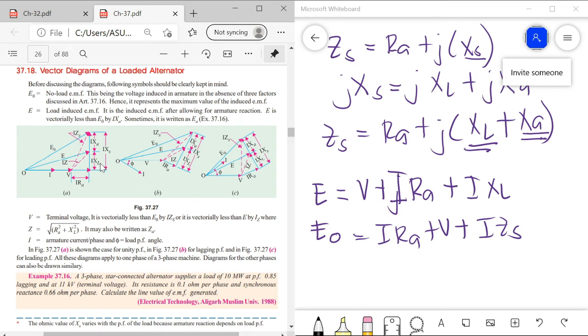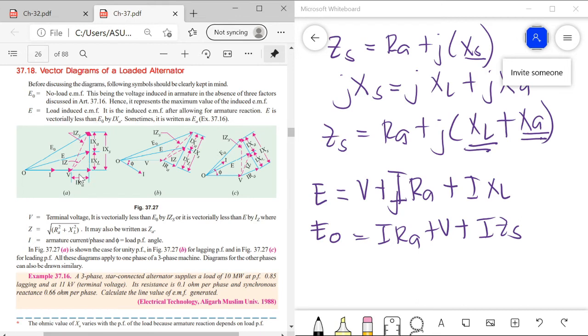So the sum of IXL and IXA is equal to IXS. The sum of the terminal voltage plus IRA plus IXL is equal to E, or the load-induced EMF. The sum of the terminal voltage plus IRA plus IXS is equal to the no-load voltage.